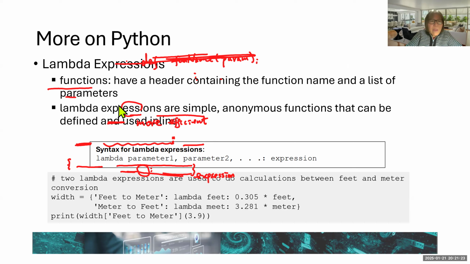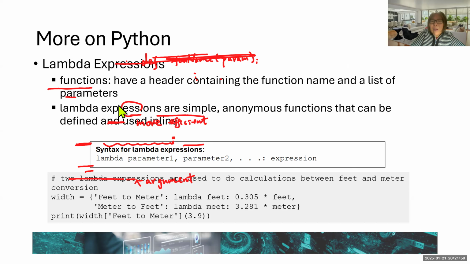And then how do we call a lambda? Over here, this part is the dictionary. To retrieve an item from the dictionary, you provide a key. So this is a key, the first key pair, and then this is the argument.